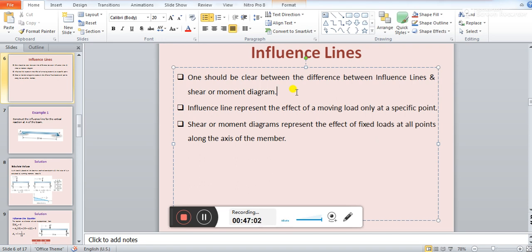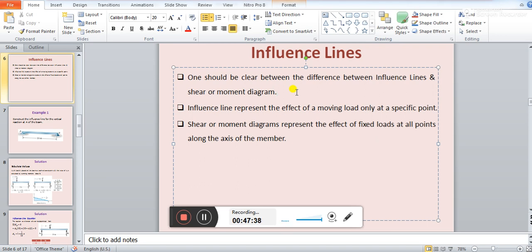and shear force or moment diagram. You should not get confused about influence lines with shear force and bending moment diagrams. The influence line diagram for bending moment that you will get is not the bending moment diagram. Whenever you draw an influence line diagram, it is for bending moment or shear force or reaction or deflection at a particular point on a member, but it is not a bending moment diagram or shear force diagram.